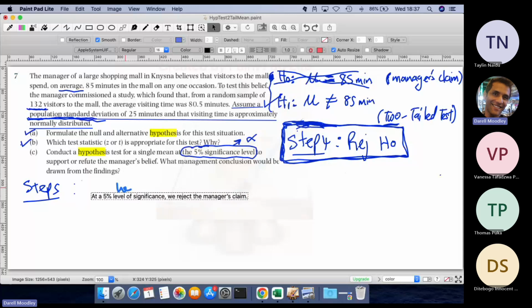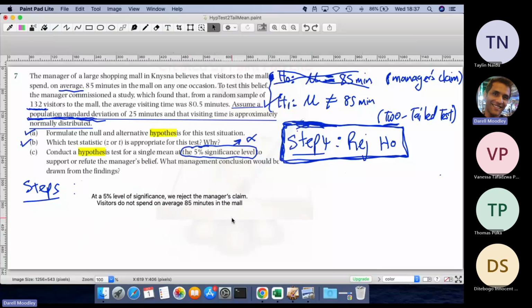And I'm going to add a bit of extra information, because what was the manager's claim? The manager was claiming that visitors spend on average 85 minutes in the mall. So I'm going to say visitors do not spend on average 85 minutes in the mall. And that's it. That's your step 5.